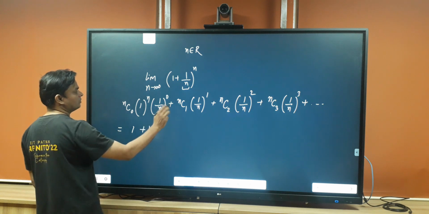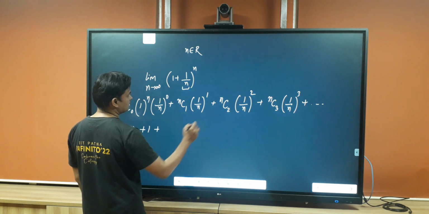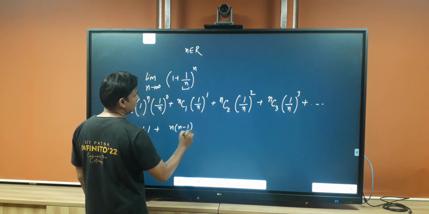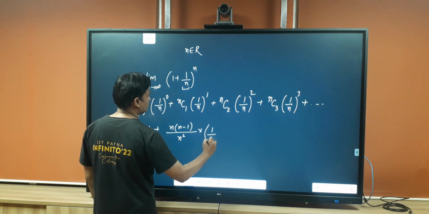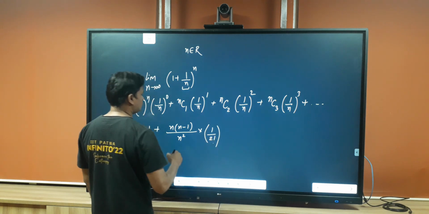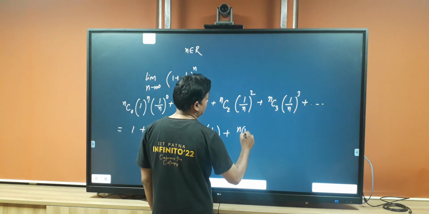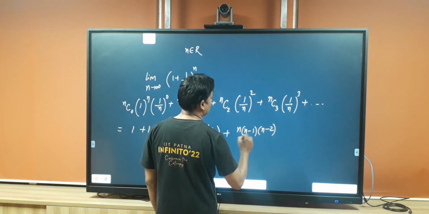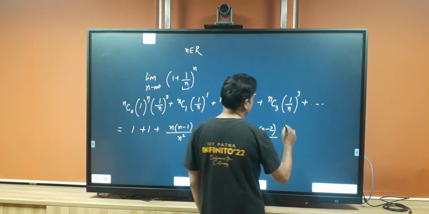If you simplify, you can see that it is nothing but 1, and this term will give you n into n minus 1 upon n square into 1 upon 2 factorial. You may do all the calculations and you will see n into n minus 1 into n minus 2 upon n cube into 1 upon 3 factorial.